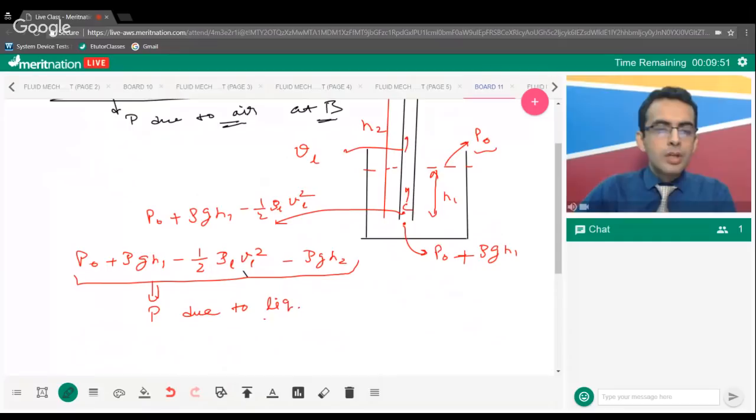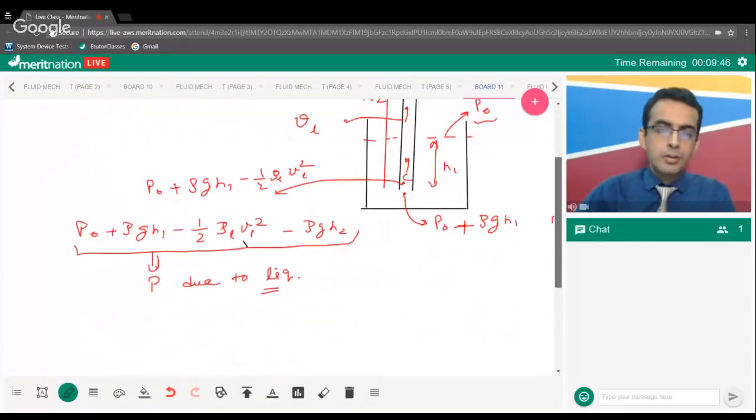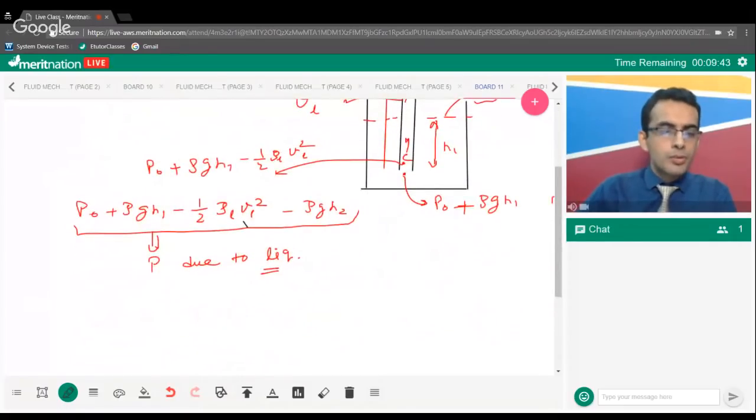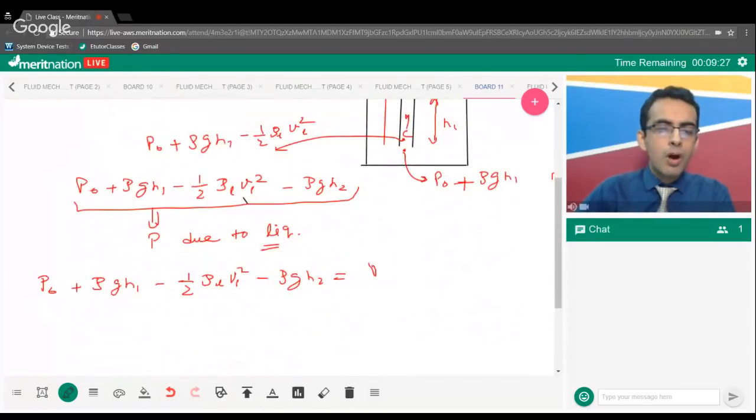Now equate these two equations, because the pressure due to liquid and due to air will be the same. Just equate them. P naught plus rho G H1 minus half rho L VL square minus rho G H2 is equal to what is given: P naught minus half rho A VA square.